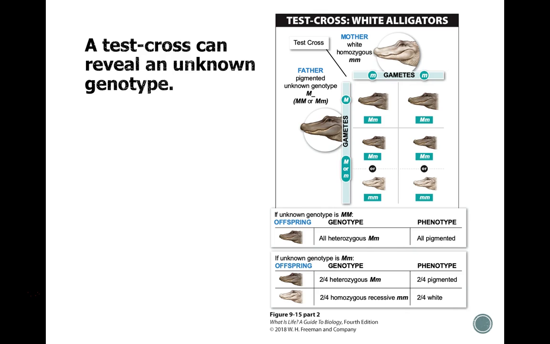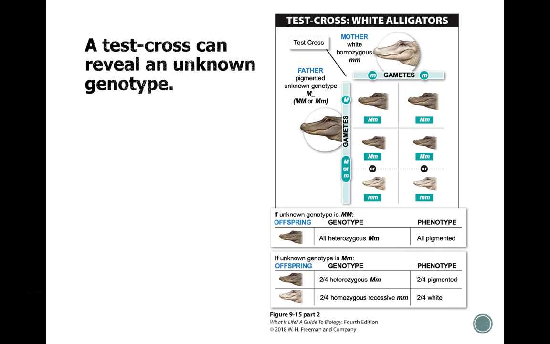Now, if she's albino, you know her genotype. She's homozygous for the recessive phenotype. Now, the catch here is you only get her once. You only get her for one mating event, and you need to figure out what your population is.